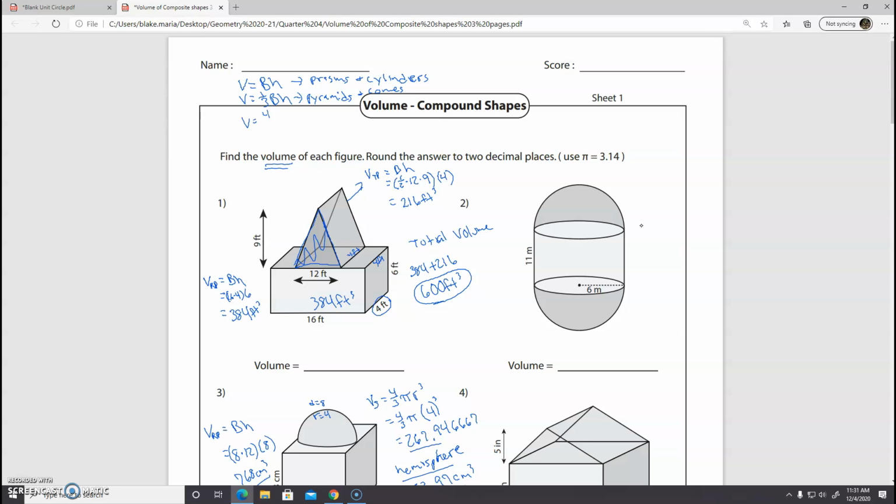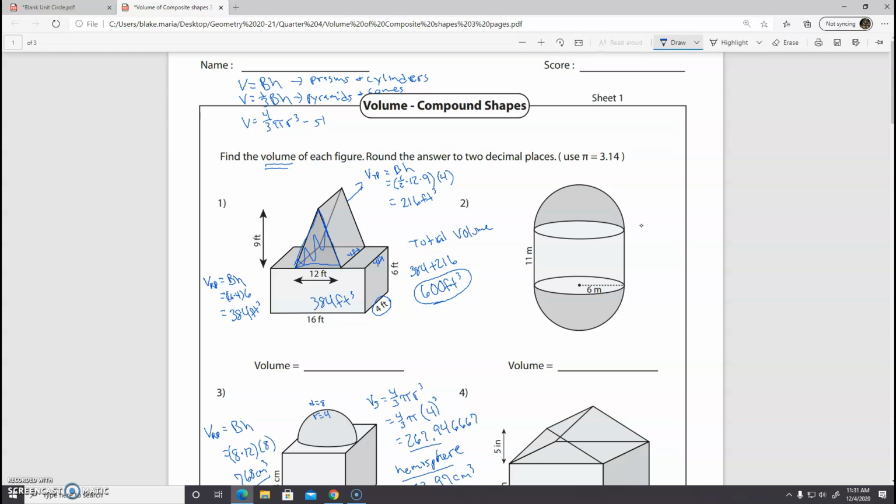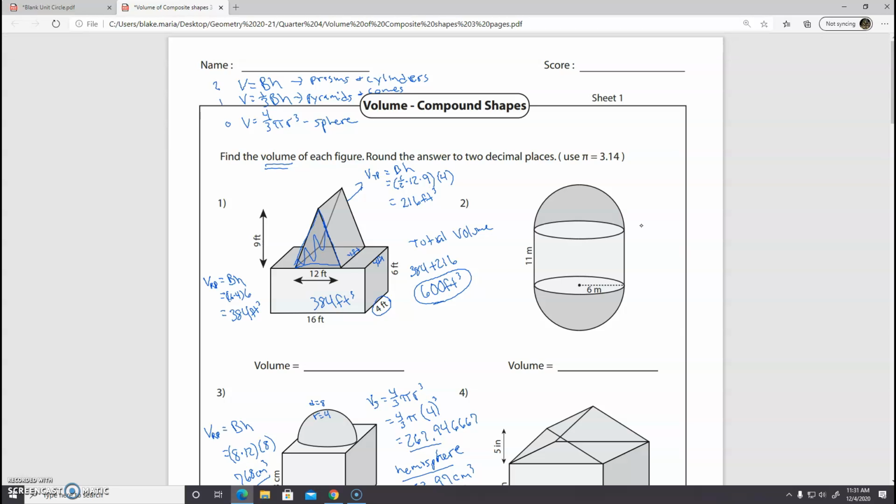And we had no bases, which was a sphere. Oops, I can't spell. Sphere. All right, so 2 bases, 1 base, no bases, that's a sphere. And those are the 3 formulas you're using, however you have to manipulate them sometimes.